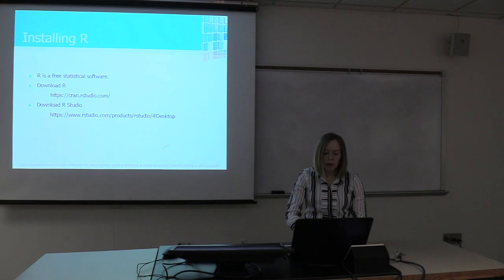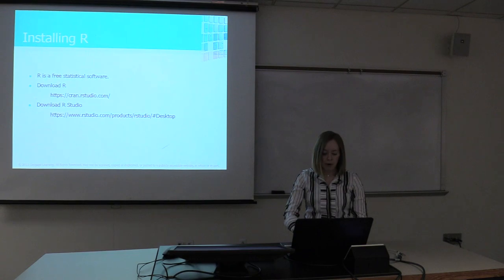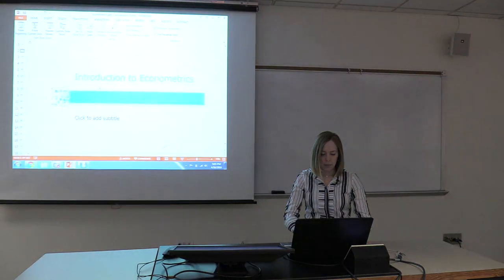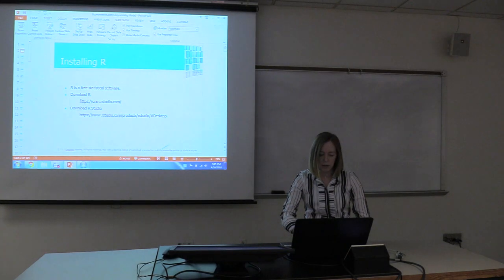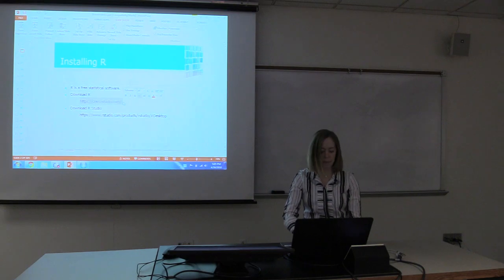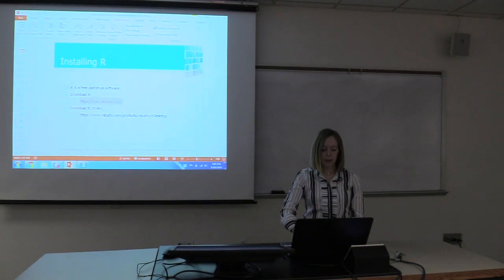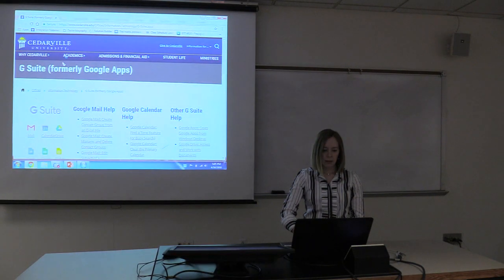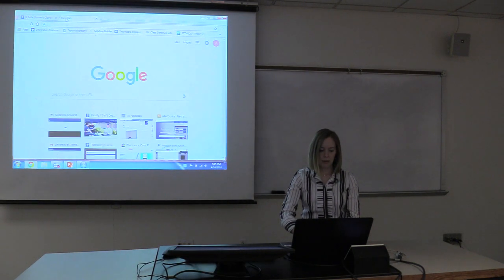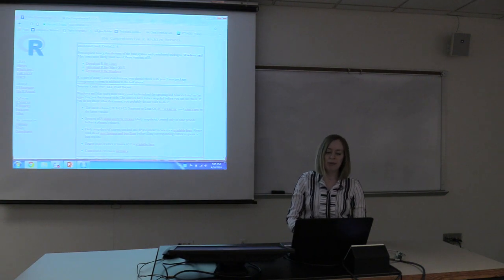So you're going to go ahead and go to CRAN and download R. So we'll do this together. So you're going to go to this website, cran.rstudio.com. And if you already have R, you don't need to do this, but I'm guessing most of you don't.